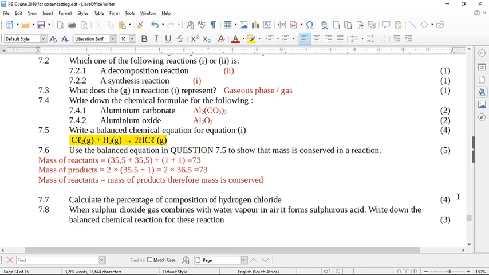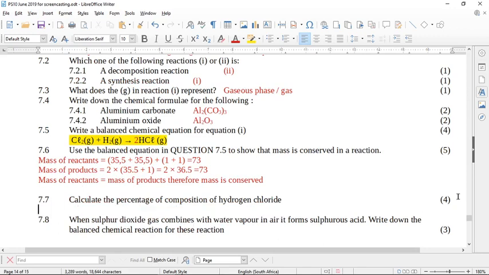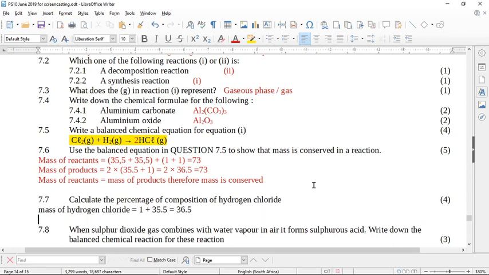Now it says to you calculate the percentage composition of hydrogen chloride. So to calculate the percentage composition, we need the mass of the hydrogen and the mass of the chlorine over the total mass of the compound. So the mass of hydrogen chloride is equal to hydrogen, which is 1, plus chlorine, which is 35.5. So this is 36.5.